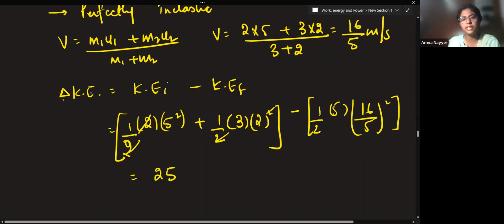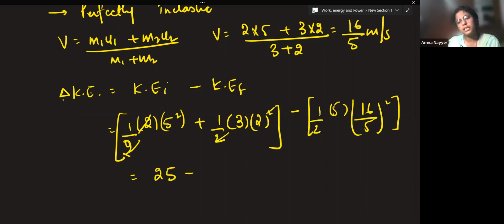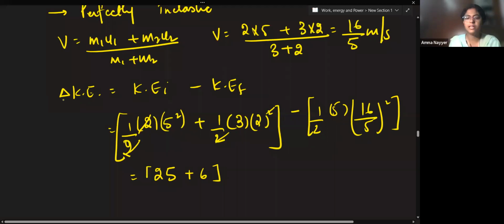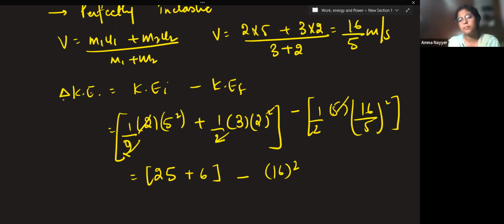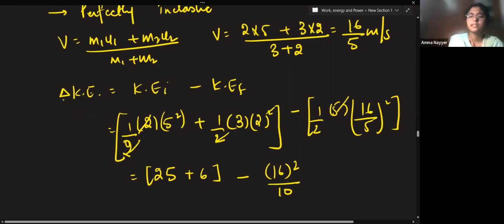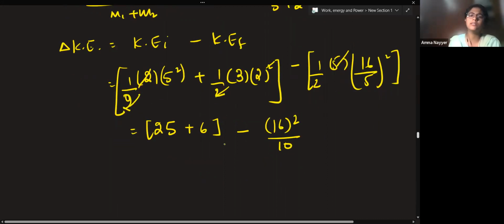This becomes 25 plus 3 into 2, that is 25 plus 6, minus 16 square by 10. You'll get your answer in negative.